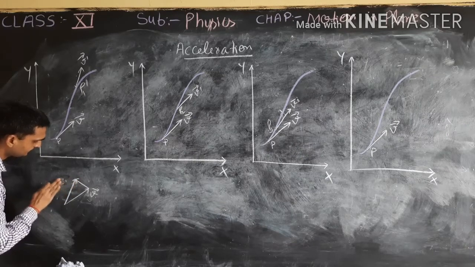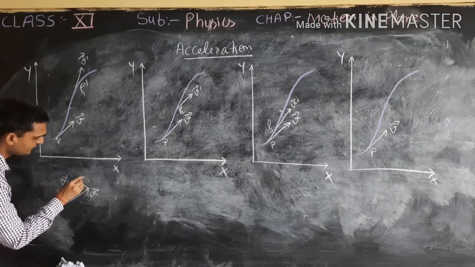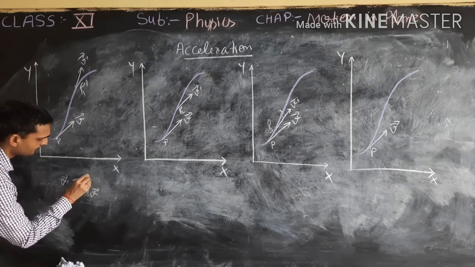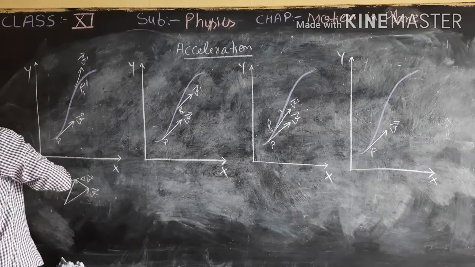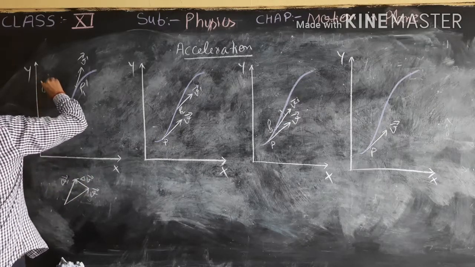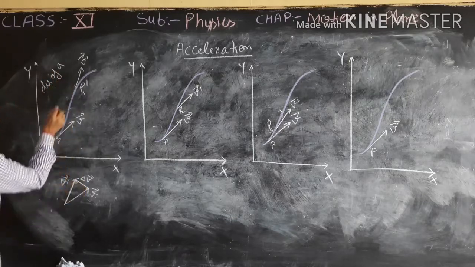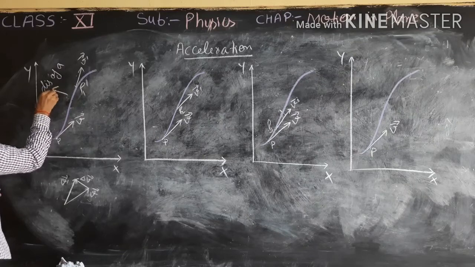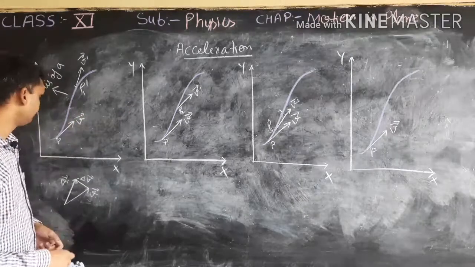Then change in velocity is given by this way, delta v, or change in velocity v. Direction of acceleration is parallel to this vector. Come to the next figure.